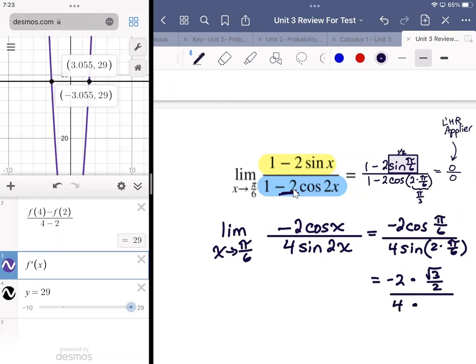Two goes into 6 3 times. Sine of pi over 3 is also radical 3 over 2, right? So 4 times rad 3 over 2, you get a result of negative 1/2, right?